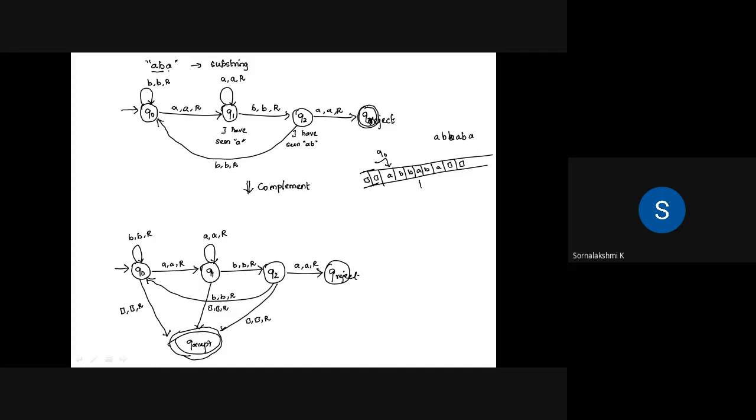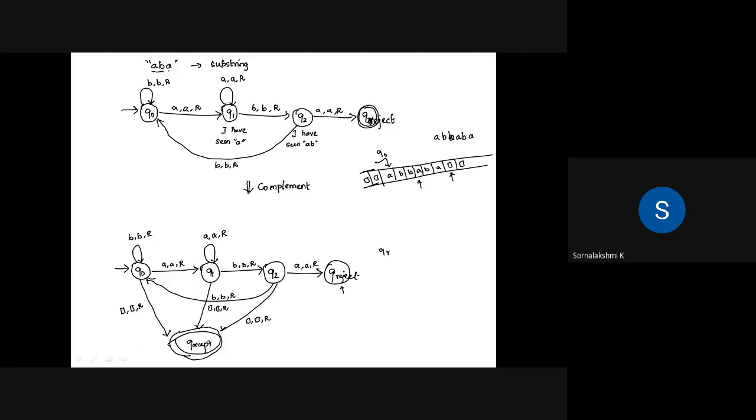When it sees an A, it goes to Q1. Then it sees a B, goes to Q2. It sees the A, it goes to reject. So finally, it's at this state, and it's not a final state, so the string is rejected. How does this work? Finally it will move here, right?